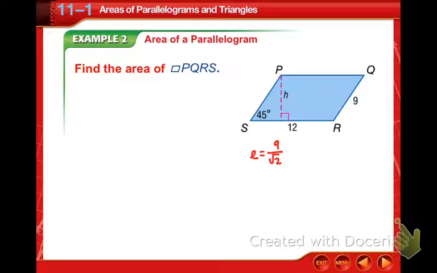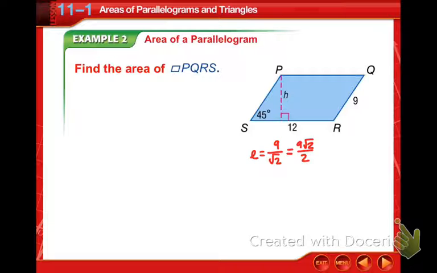Or in this case, our height. It's kind of confusing with height and hypotenuse. I don't want to use h yet. So 9 over square root 2, we got to get rid of that square root 2 on the bottom, is 9 square root 2 over 2 after you do all the work.